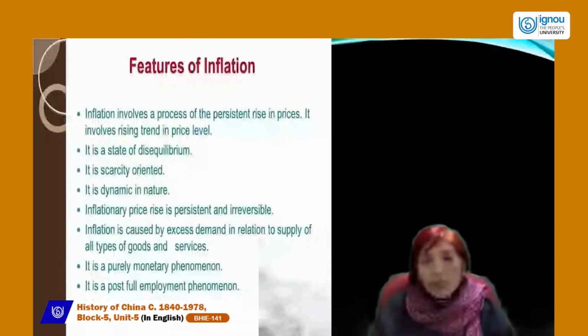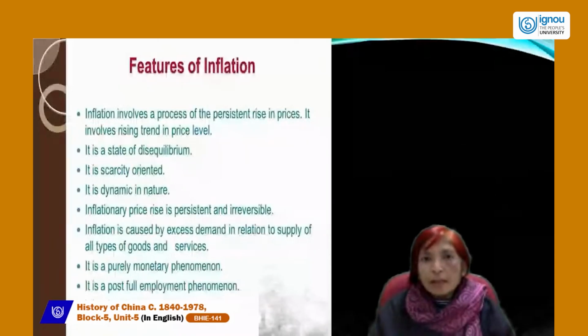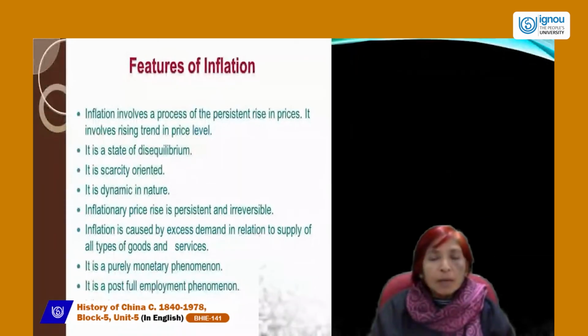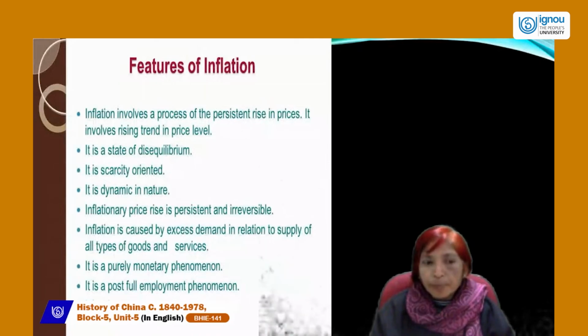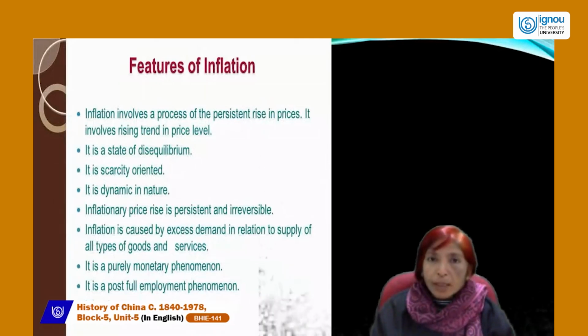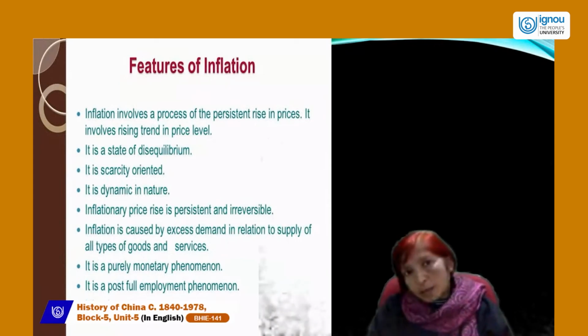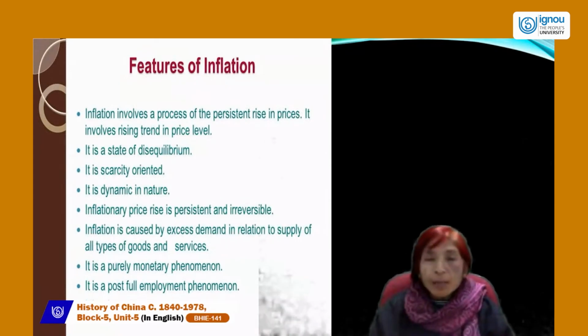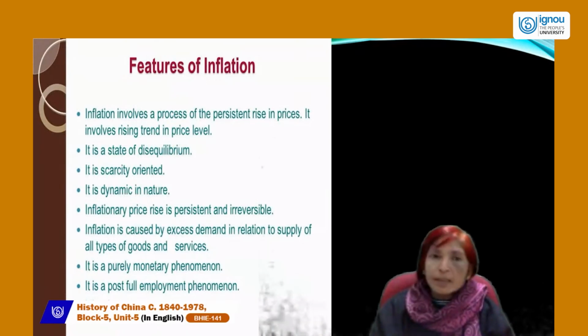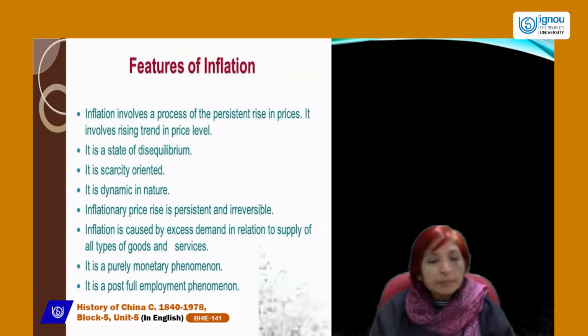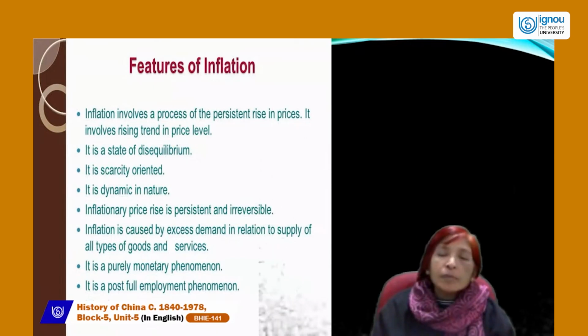After the achievement of full employment, if money supply increases, then only the price level will rise. Output, employment, and income will not increase. So, according to Keynes, inflation is a post full employment phenomenon; this problem of inflation exists after the achievement of full employment, not before that.